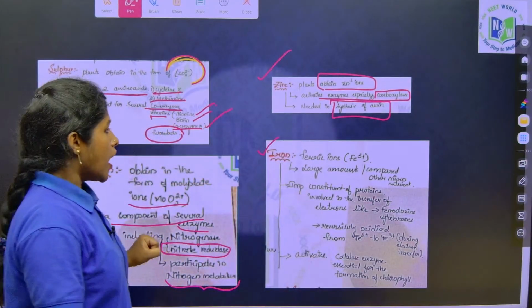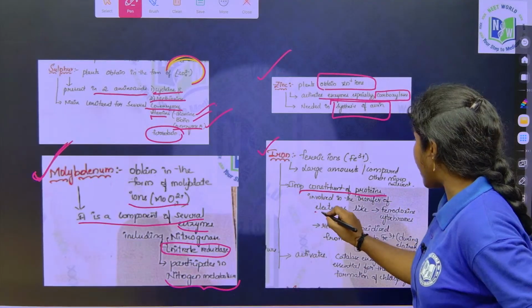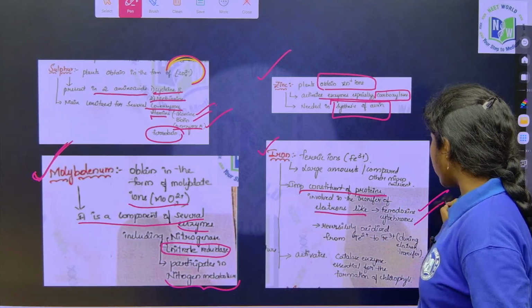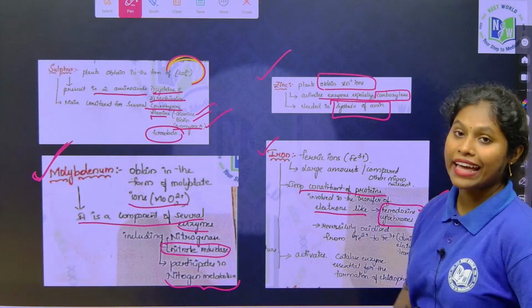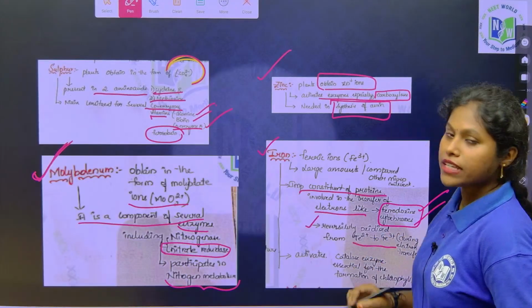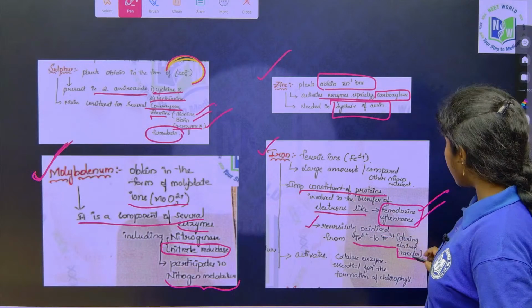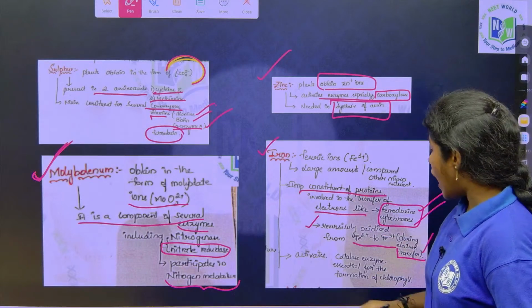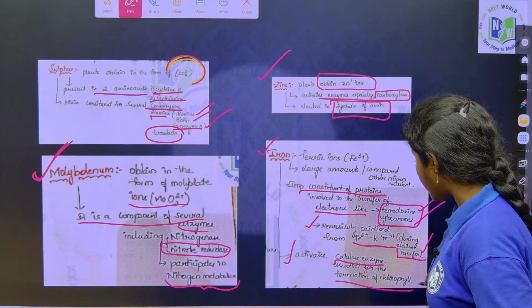Now see, iron is the main constituent of many proteins involved in the transfer of electrons, like ferredoxin and cytochromes, which act as electron carriers. So it is reversibly oxidized as Fe2+ and Fe3+ in the electron transfer, and it also activates and catalyzes many enzymes essential for the formation of chlorophyll.